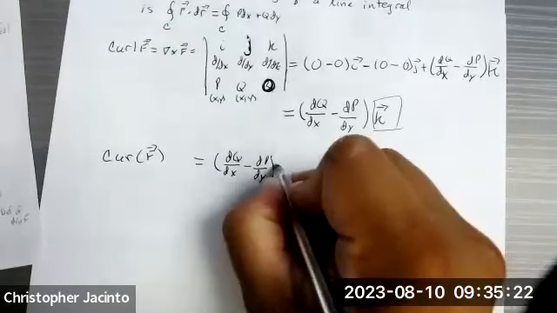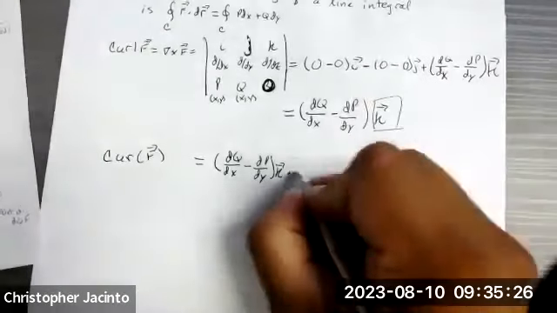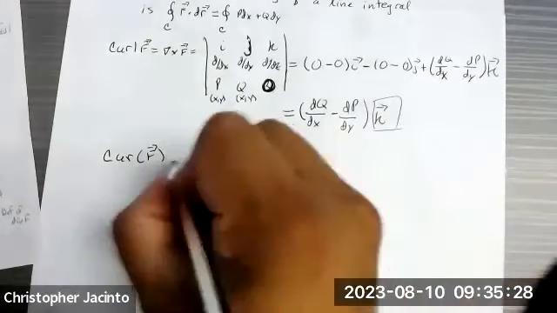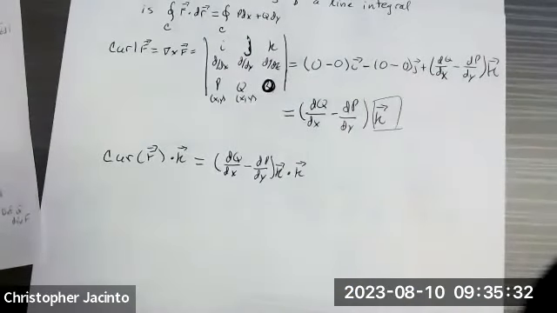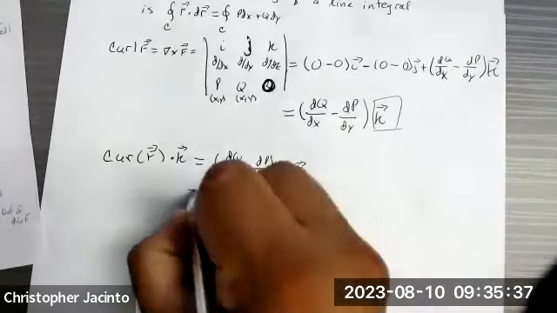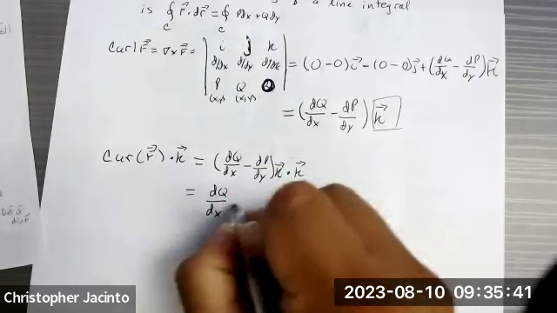Right, in the K component. And we're going to dot product with K. Like that. So what this ends up being is these cancel, and we just get this.